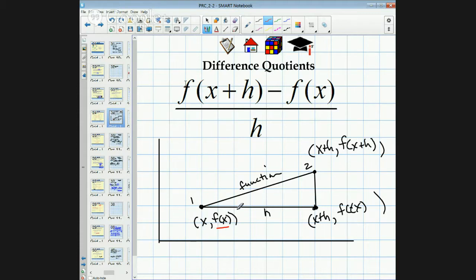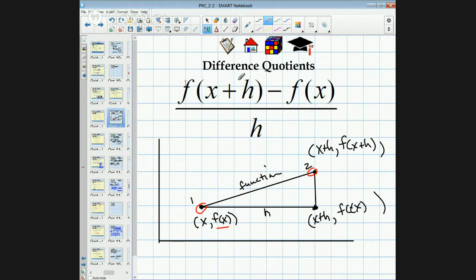So here are my 2 generic points that I want to focus on. What's the slope of this curve, this graph? Well, wouldn't it just be y2 minus y1 over x2 minus x1? Well, what's y2?